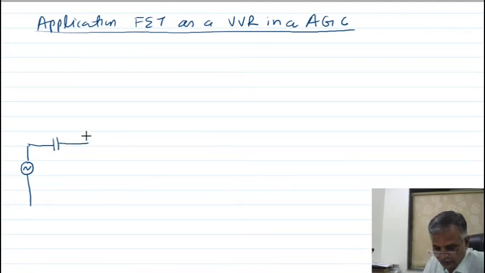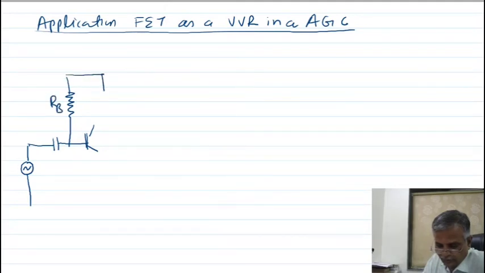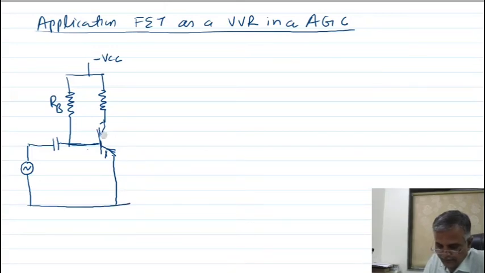Here I have used a fixed bias circuit. Just for a change I am showing an NPN transistor here, and this is a PNP transistor.